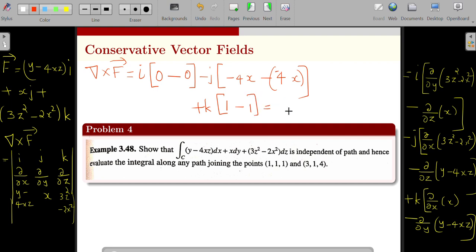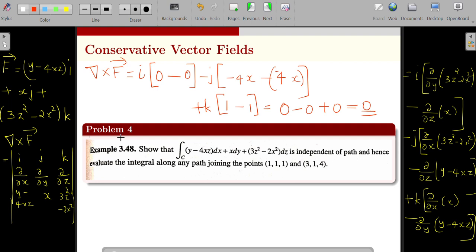So the first term is 0, second term is again 0 because minus 4x minus 4x equal to 0. So second term is again 0 and the third term is also 0. This means that del cross f equal to 0, which means that the given function f is a conservative function. So we are done with that particular part.